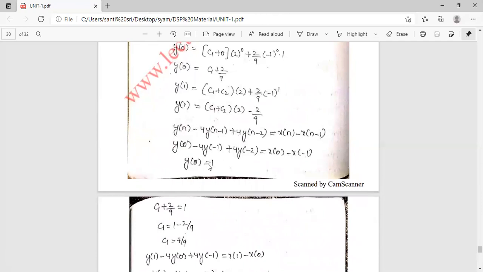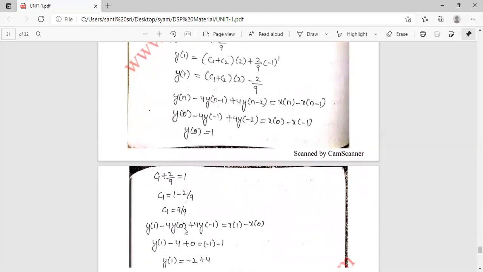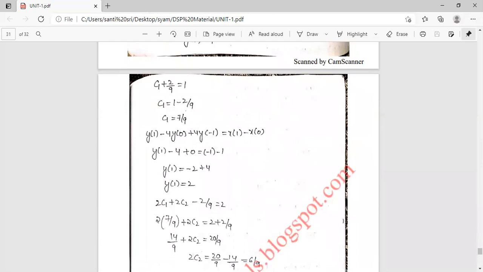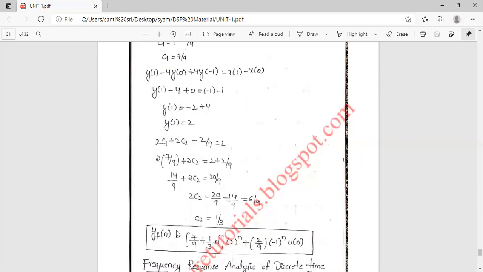We will get y of 0 equal to 1 and C1 value is 7 by 9, and y of 1 value is 2. Like this you can calculate these values. After that, yf of n equal to (7 by 9 plus 1 by 3 whole power n) into 2 whole power n plus 2 by 9 into (minus 1) whole power n into u of n. This is the solution for the forced response.